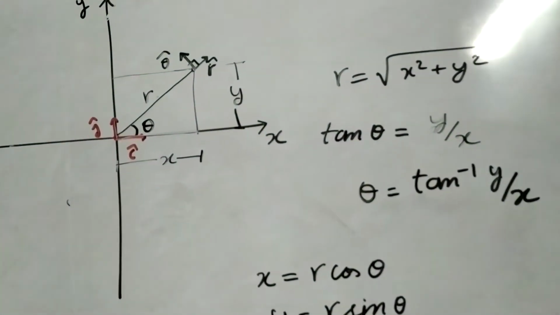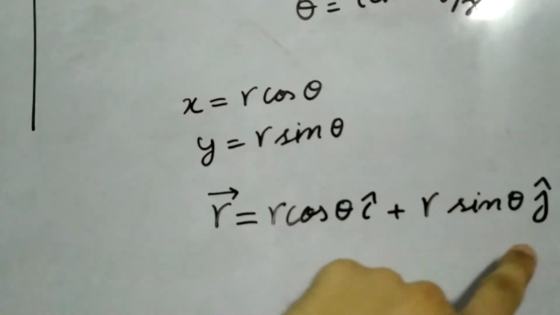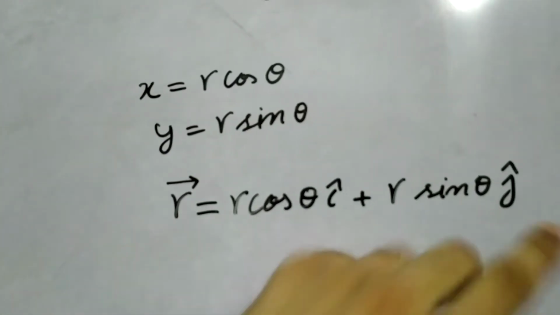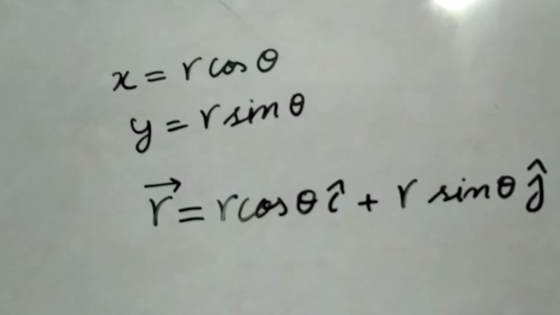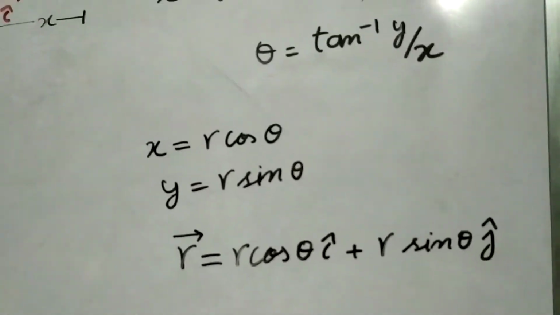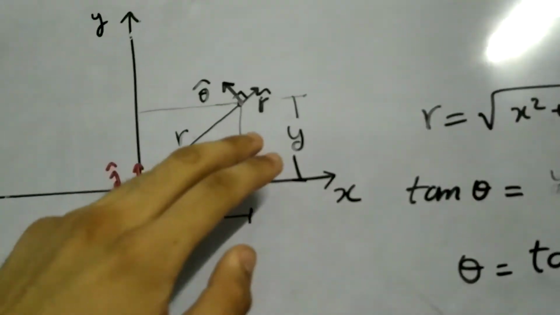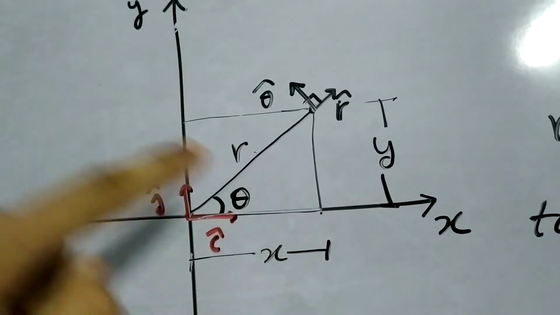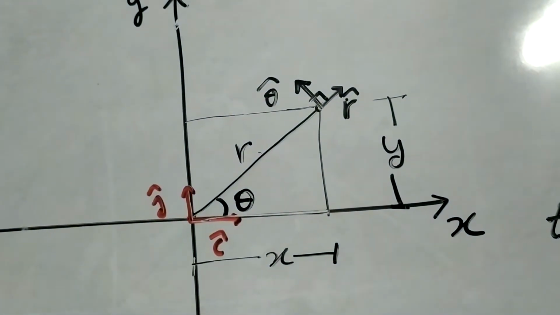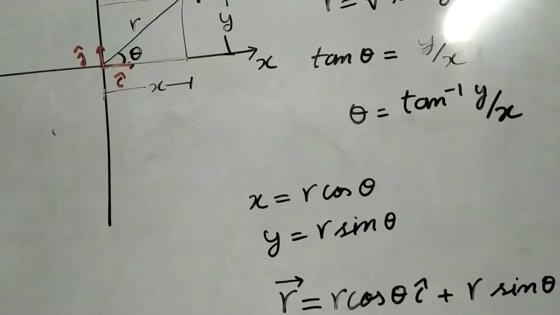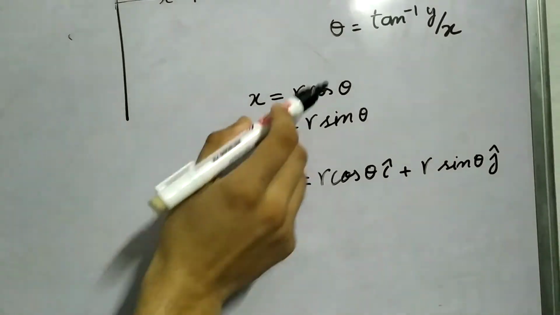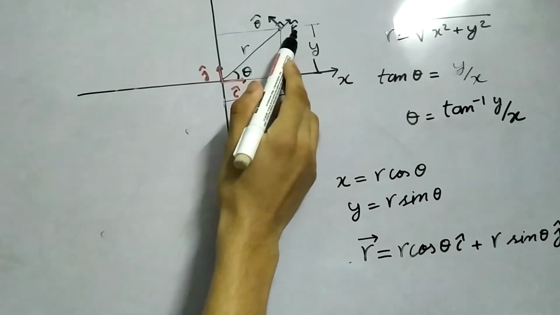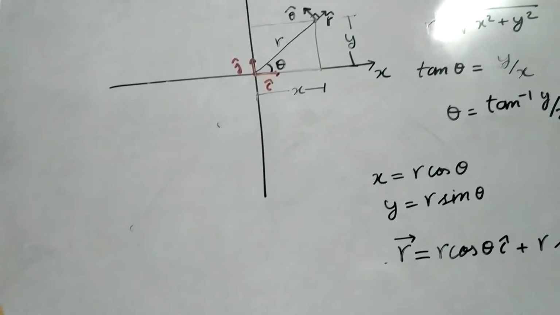We have decomposed r in terms of i cap and j cap, the unit vectors in the x and y directions. Now we'll have a look at how to represent r cap and theta cap in terms of i cap and j cap. We are done with r and theta; we only have to deal with r cap and theta cap, their directions.